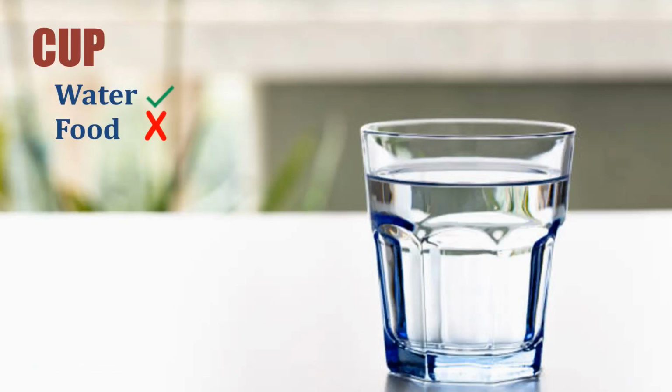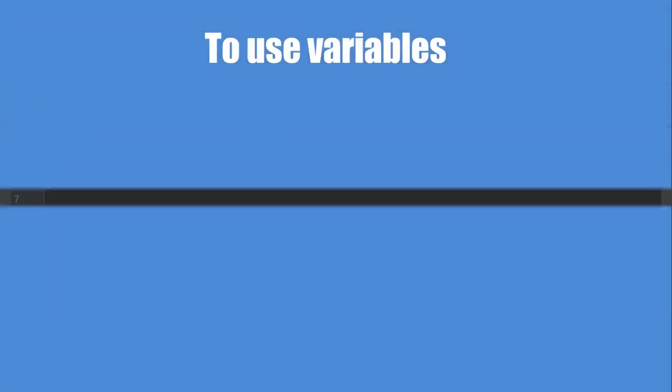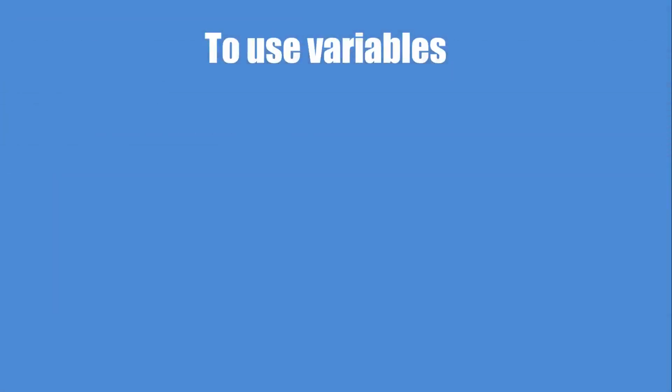In order to use a variable in Java, the next thing to do is to name the variable. After knowing which type of data your variable can store, you have to give it a name. There is something we call identifiers.